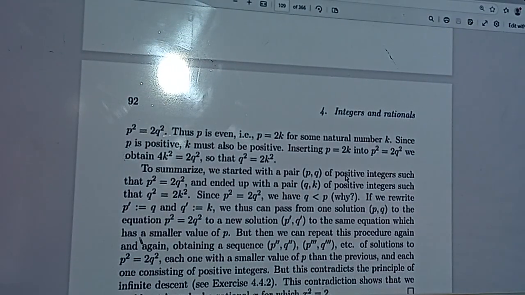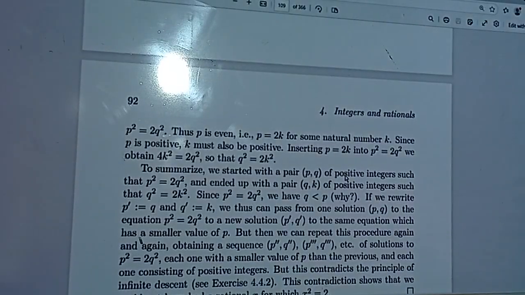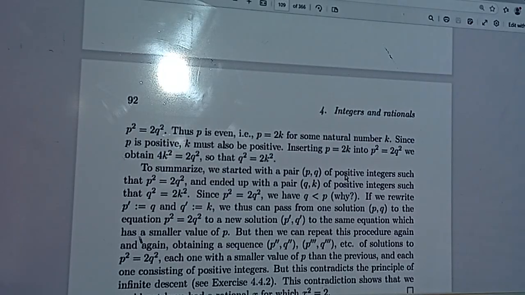But the usual proof, there are two proofs. Let me write one. The other one we can write using that important homework I told you about.